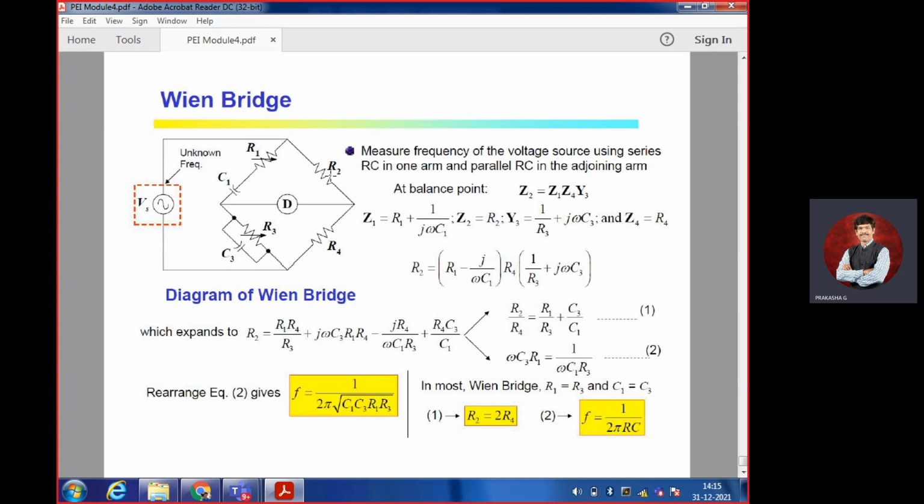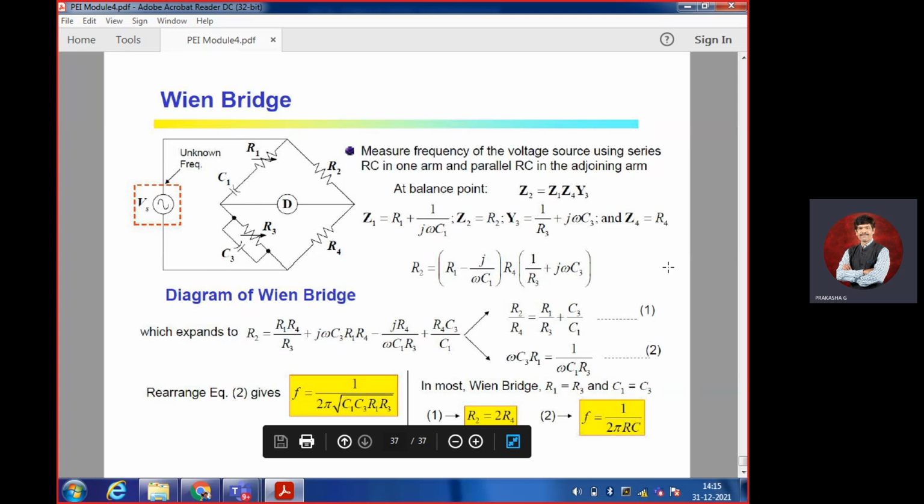Here only resistance R2 is there, so you consider this as Z2. Here R3 in parallel with C3 is Y3, and R4 is Z4. They are taken as Y3 because C and R are in parallel. So Z1 is this value, Z2 is directly R2, Y3 is 1 by R3 plus j omega C3, and Z4 is R4. Combine them, put them together, and you are going to get the equation.